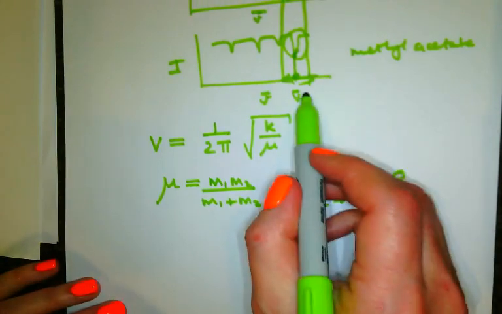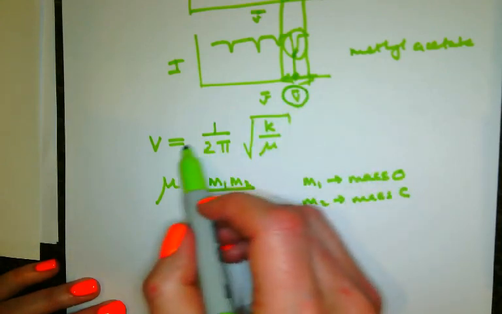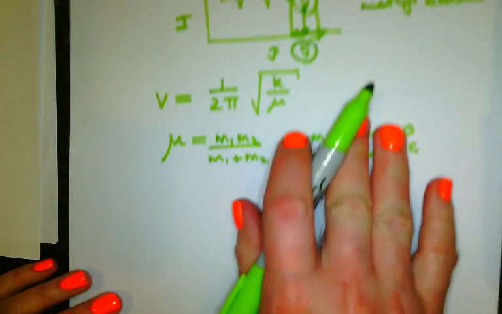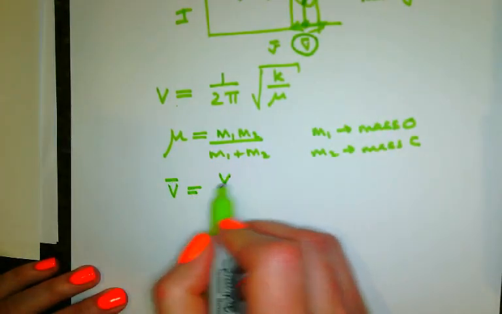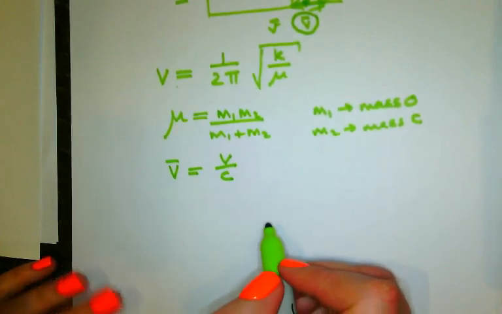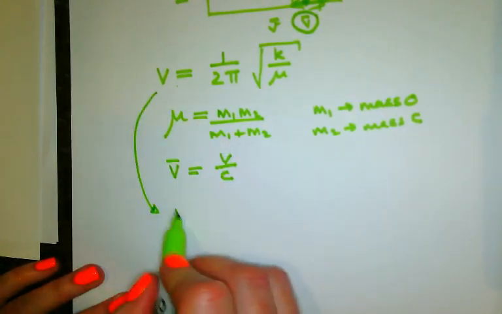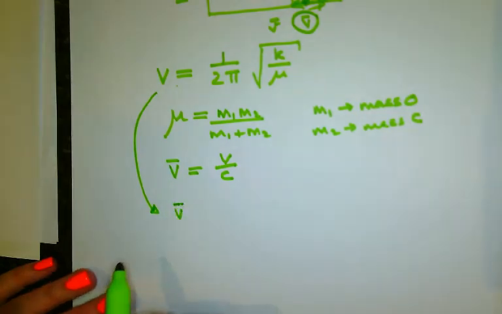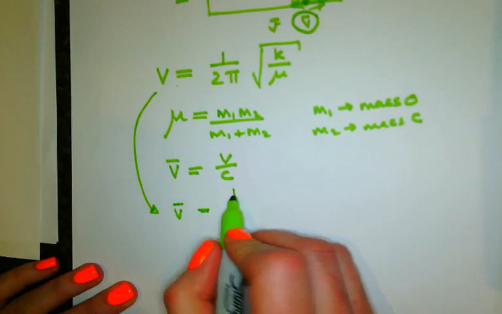But remember, you read off wave number, not frequency, in your spectrum. And remember, wave number is frequency divided by c. So we can just write that equation in terms of wave number just by dividing it by c.